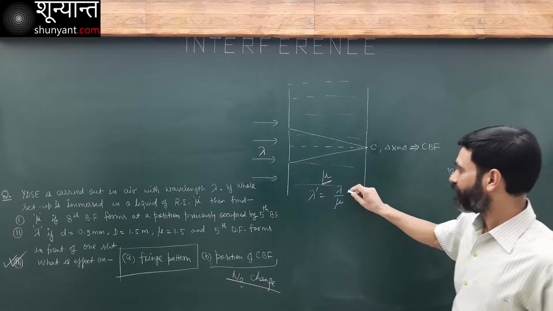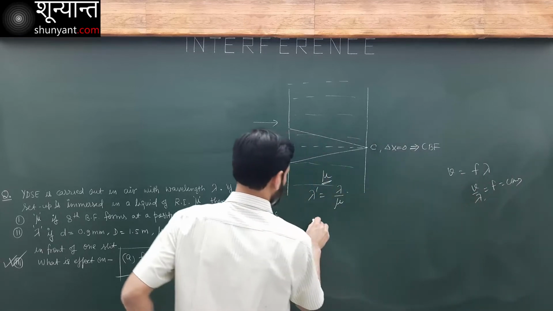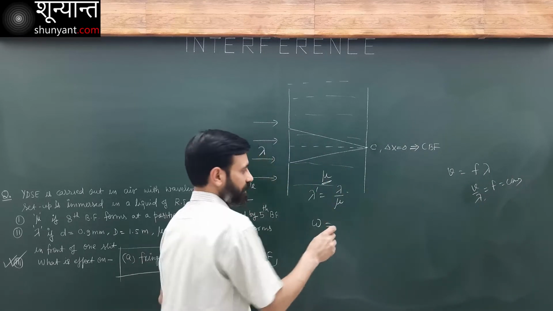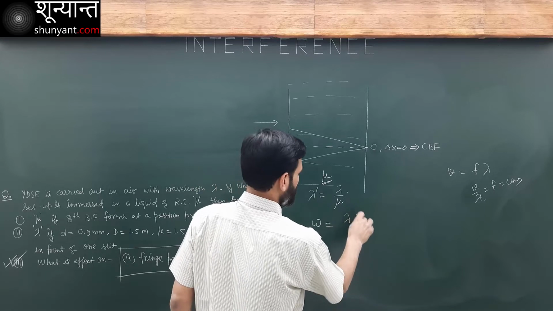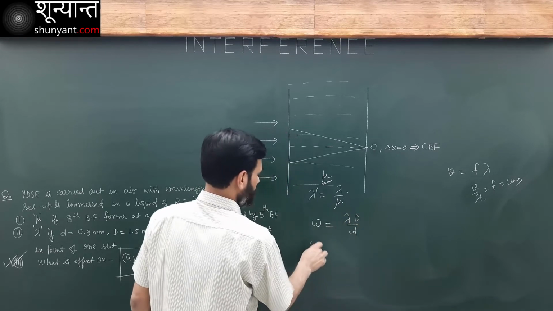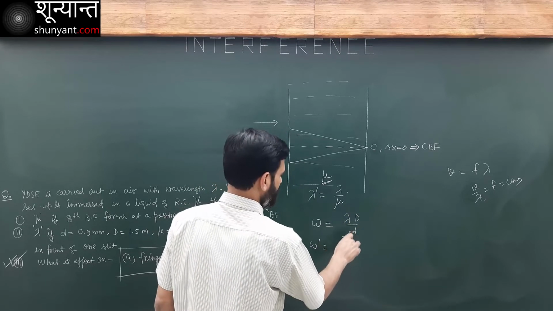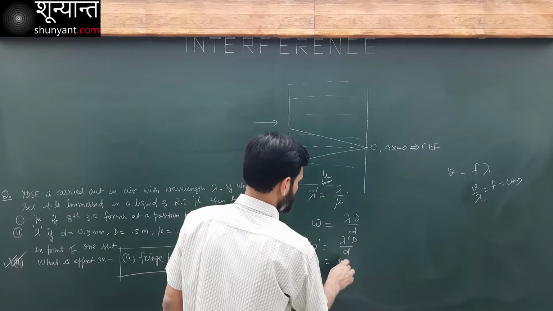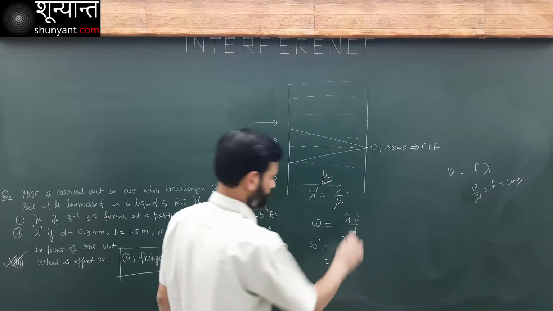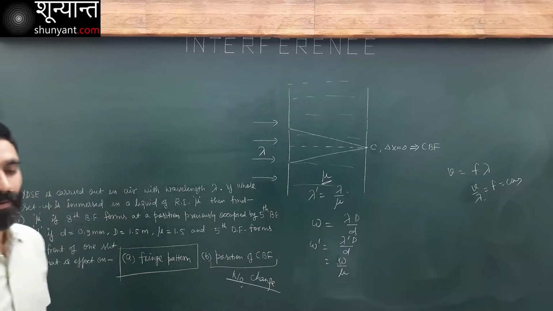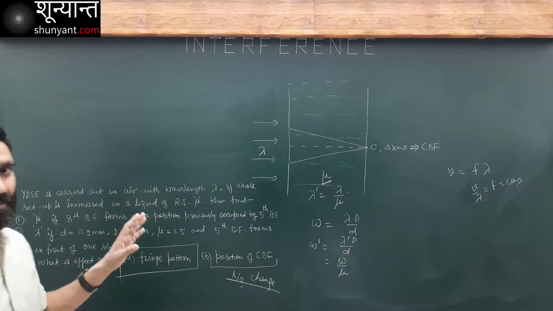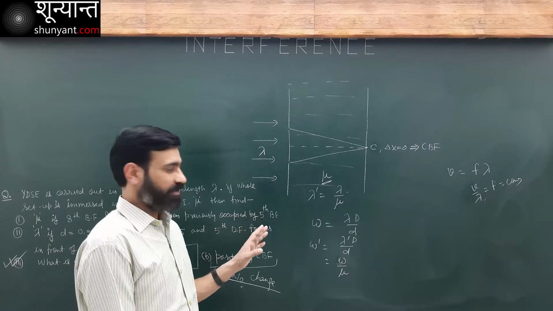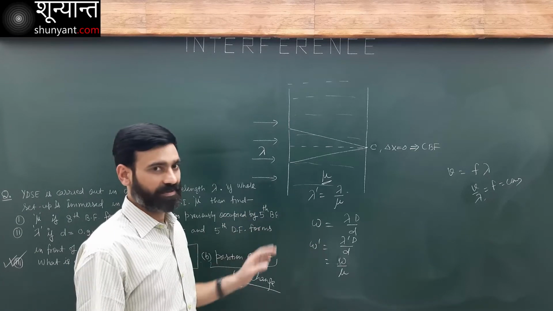Now, if wavelength changes, what is the effect on fringe width? Fringe width is equal to lambda D over d. The new fringe width will be lambda dash D over d, which becomes beta over mu. Wavelength changes, so fringe width changes.